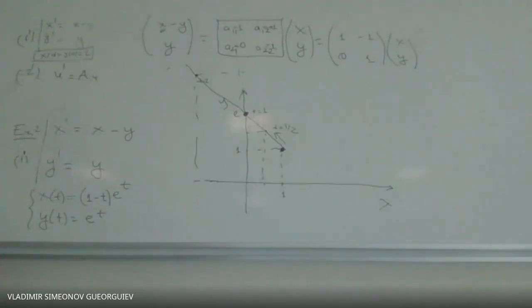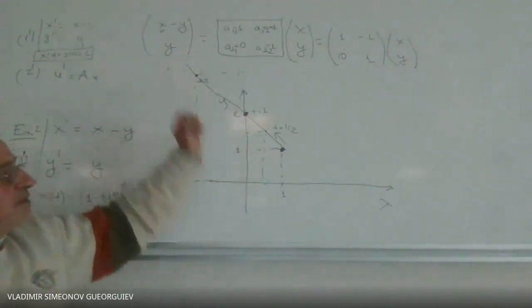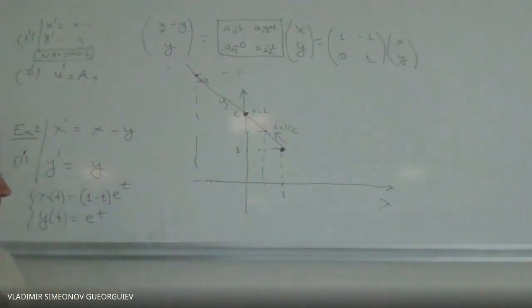Of course, if you need a better picture, you have to use some software, and you shall build your picture more precisely. But qualitatively, this is a function that is decreasing in x and increasing in epsilon. Epsilon is always increasing.